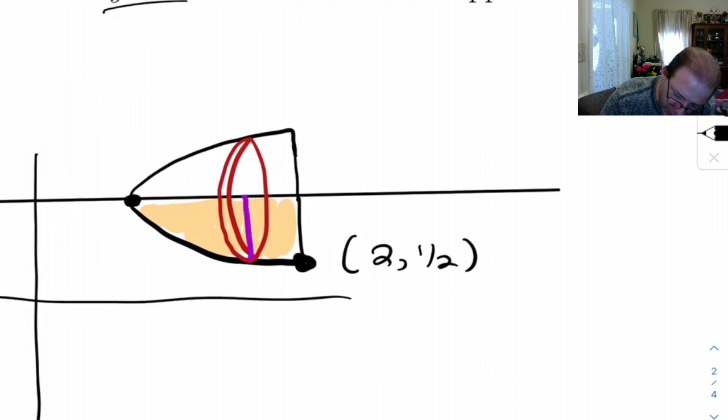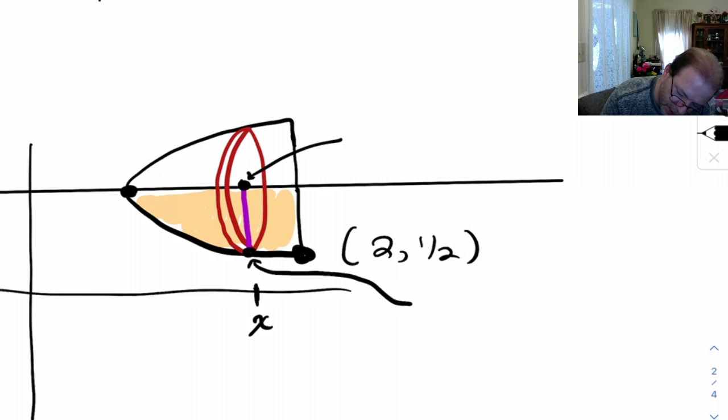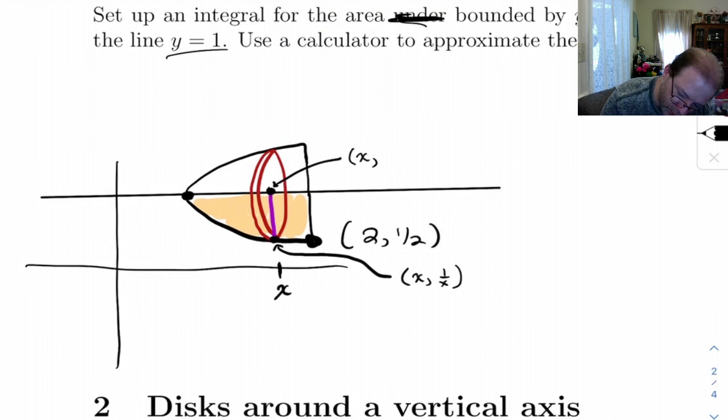Reason being, right here, this is my axis here. So this is x. I need coordinates for this point and for this point. This point has x coordinate x, and its y coordinate is 1 over x. This one up here has x coordinate x, and its y coordinate is 1.